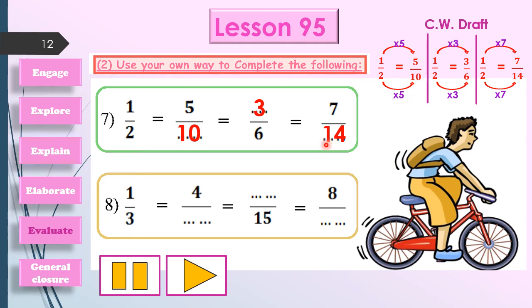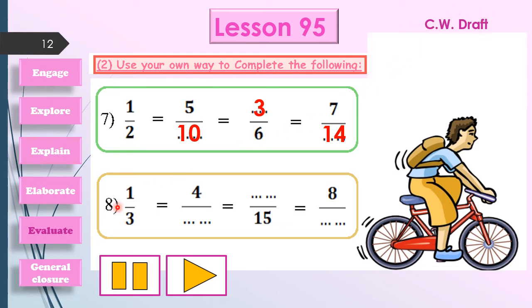Then each time we go back to our original fraction to find the equivalent. Here we have one third, 4 what, 5 fifteenths, and 8 what. Every time go to our original fraction, go to our classwork draft and write down one third equals 4 what. 1 by what equals 4? It will be by 4.